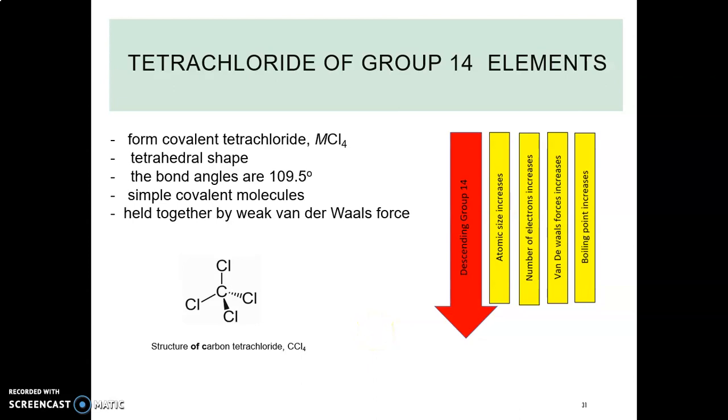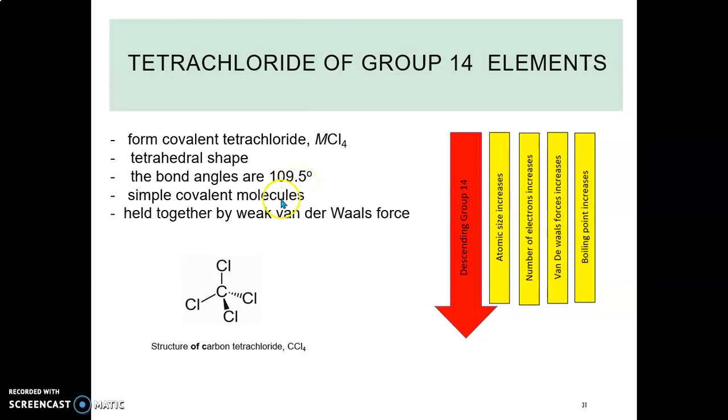Tetrachlorides of group 14 elements. All the group 14 elements form covalent tetrachlorides, which have a tetrahedral shape, and the bond angles are 109.5 degrees.